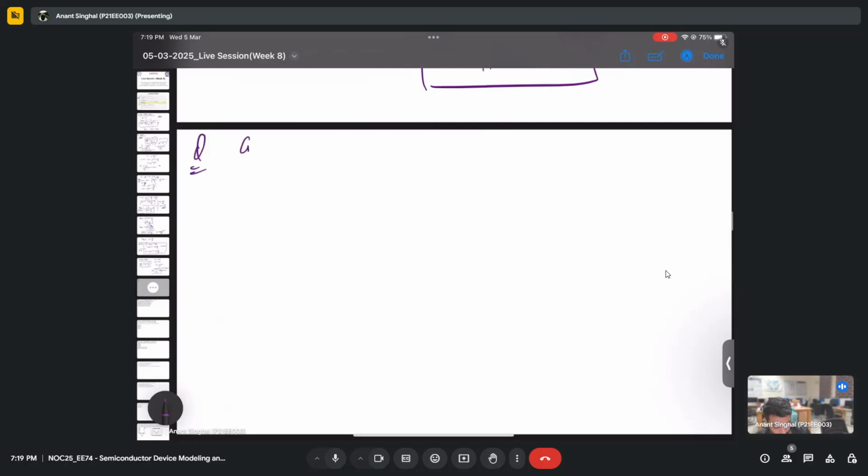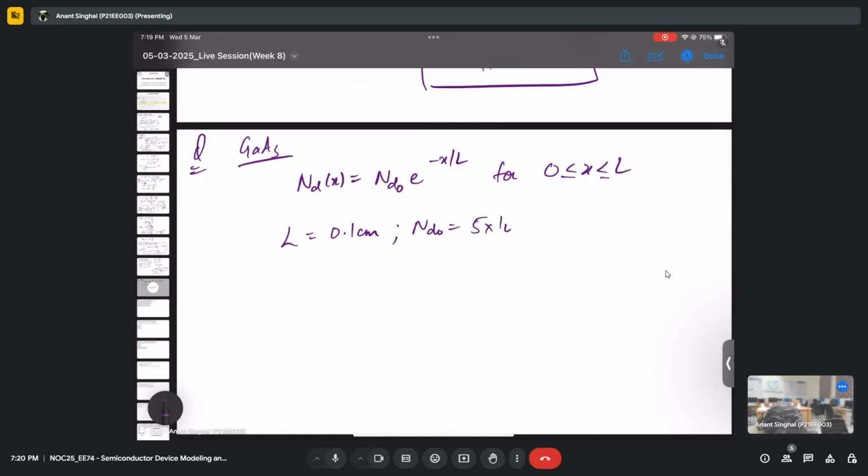Let's say I'm taking a semiconductor, gallium arsenide, and I have a donor impurity given as ND naught constant times exponential of minus x by L, for x between 0 and L. Here L is given as 0.1 centimeter, and ND naught is given as 5 into 10 raised to power 16 per centimeter cube.